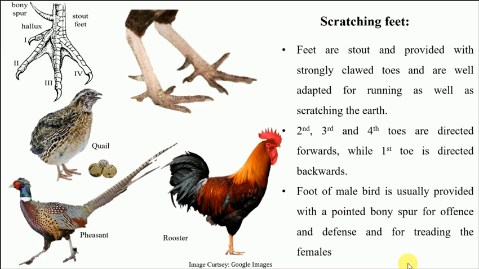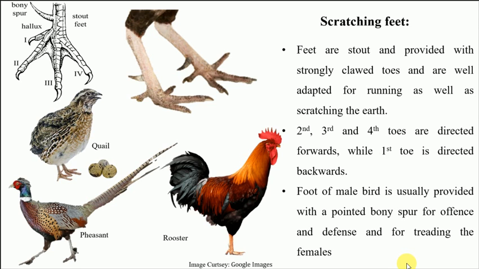Now scratching feet are found in birds like fowl, quail, pheasant, etc. These are birds which scratch the earth for searching for the larvae of insects or food grains which are present in the earth.